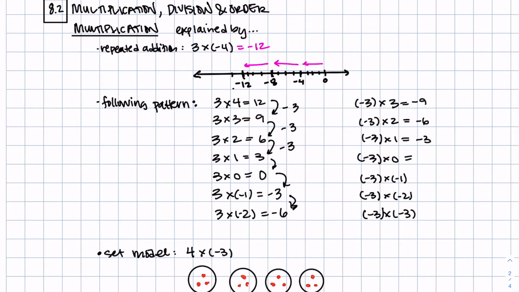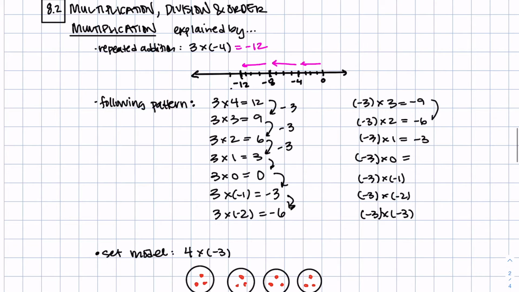Let's rewind. Okay, so here I am starting with -3, and from this pattern, I figured out that -3 times 3 is -9, and -3 times 2 is -6. And so we see from this pattern, each time I'm decreasing the number I'm multiplying by, I'm adding 3.